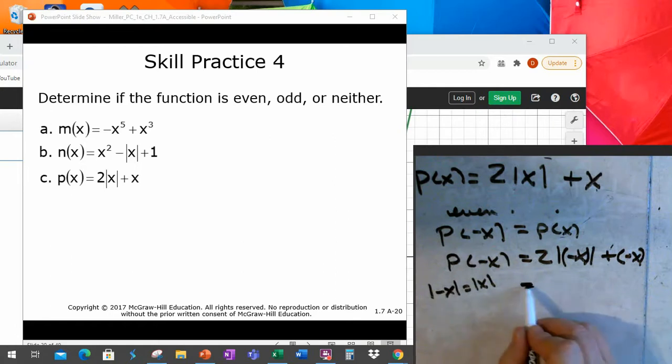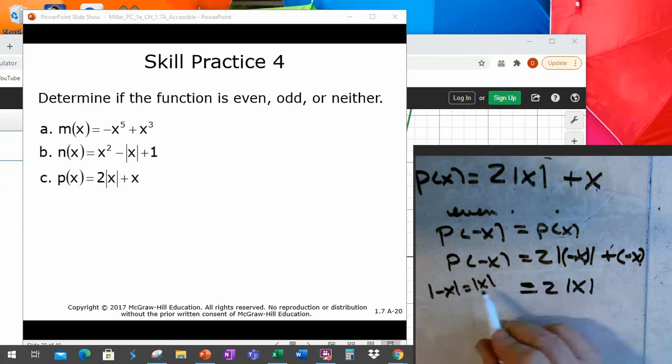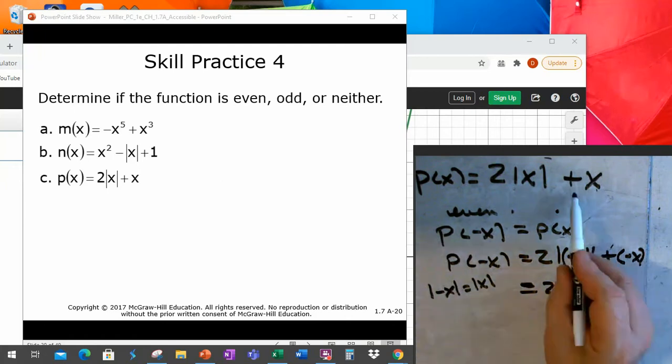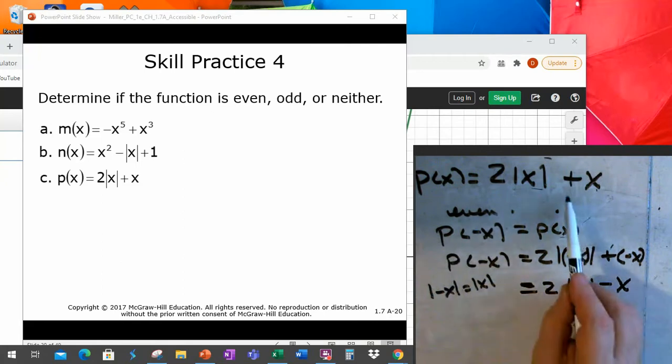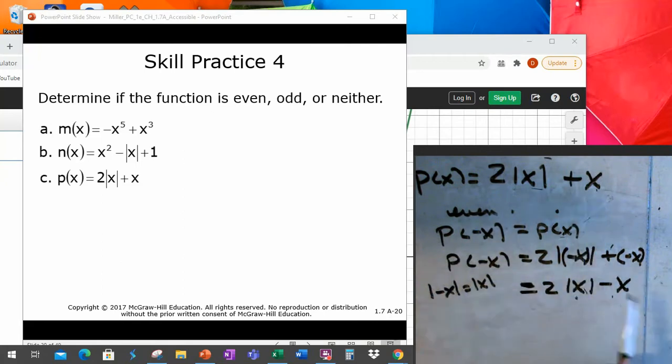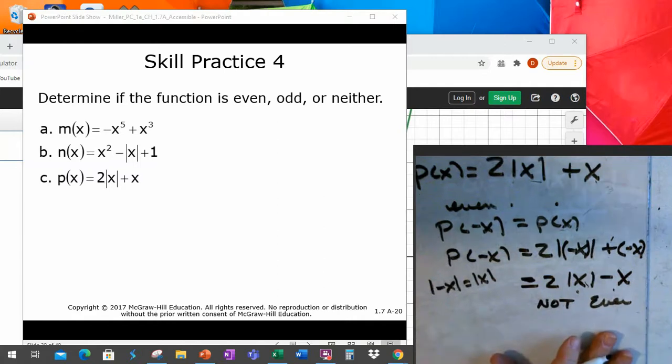So this is 2 absolute value of x because of that, but this is now minus x. If I look piece by piece, that's the same. This is not the same, so it's not even. Is it odd?